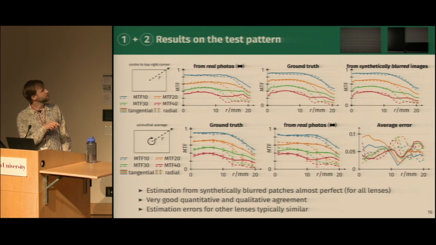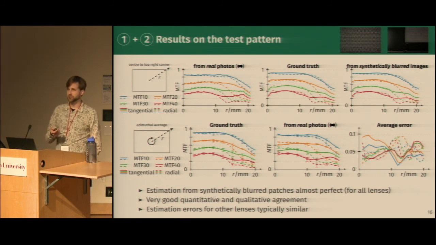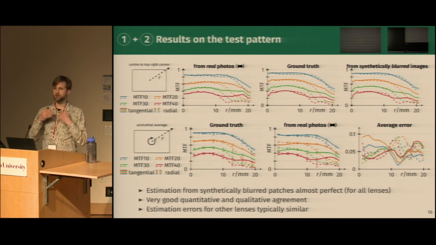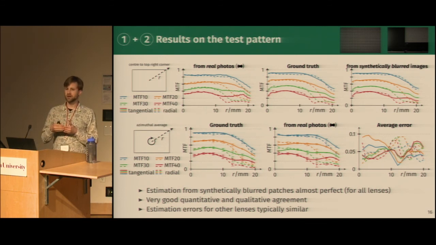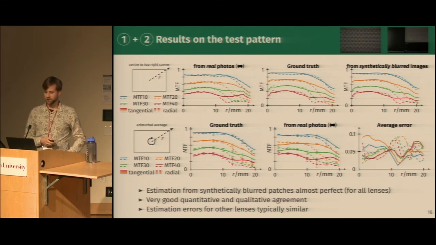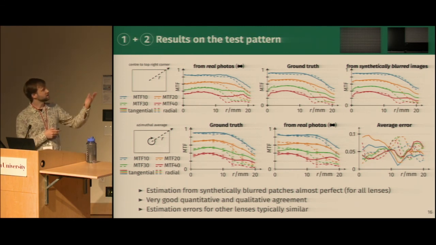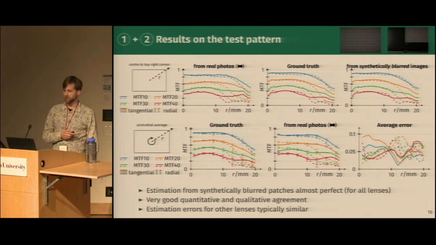For example, all of these lines are slightly lower than the lines here, and we think this is partially due, for example, to the MTF of the printer used to print this test chart, because obviously this printout will not be perfectly sharp, but there will also be some inaccuracies that come in through the printer. And as I said, the results are not cherry-picked, so errors for other lenses will look very similar.